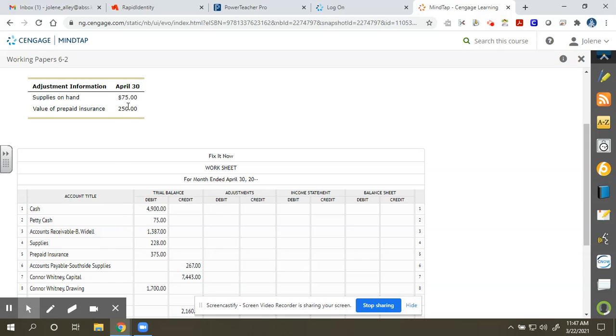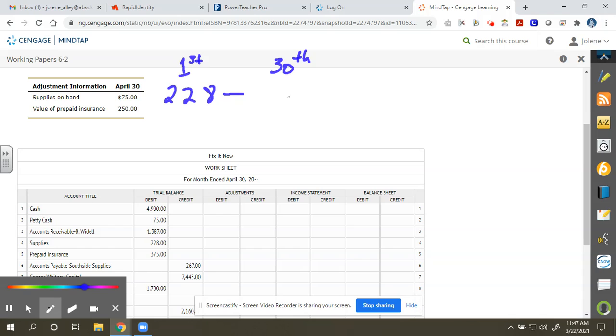At the end of the month, they had $75. So during the month, on the 1st, they had $228 worth. Something happened, and on the 30th of the month, they have $75 worth.